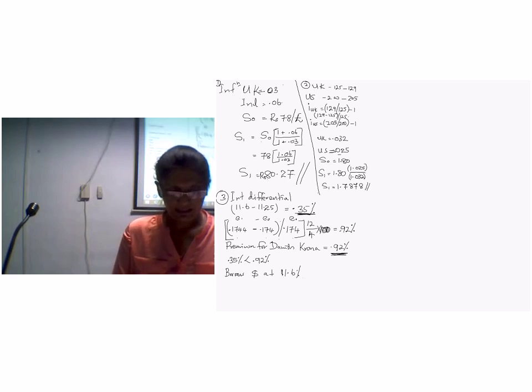So what is the return we get? We convert these dollars into krona and invest them in Denmark. What is the percentage we can get?